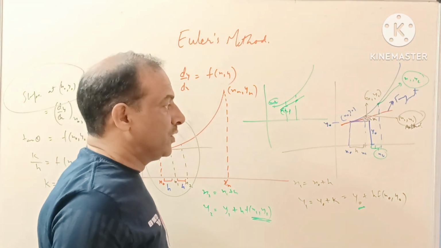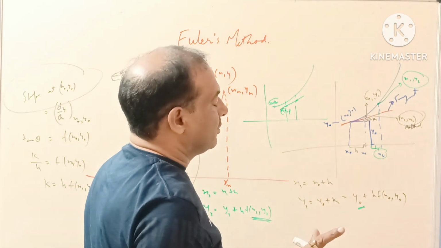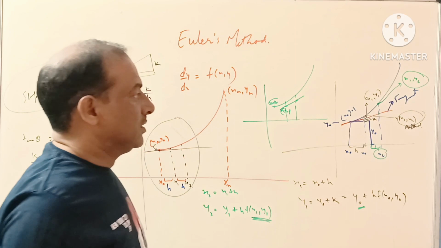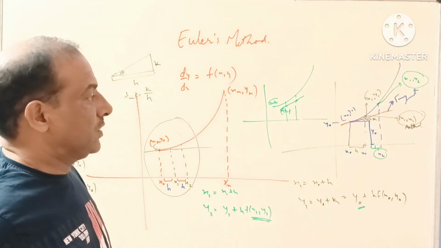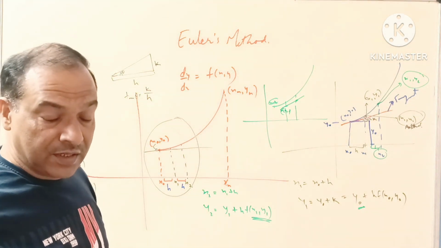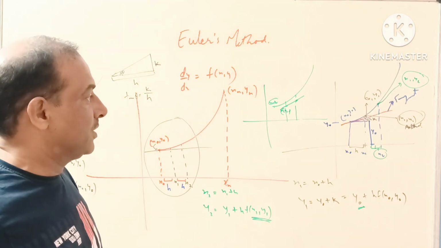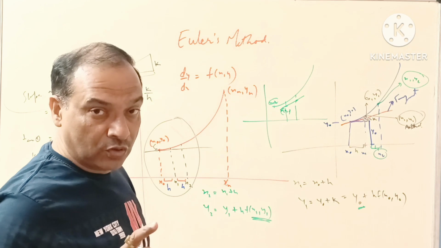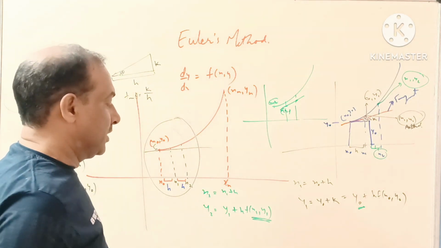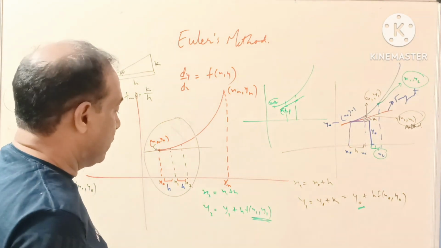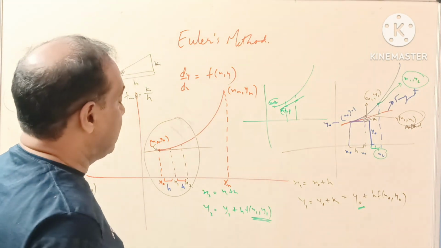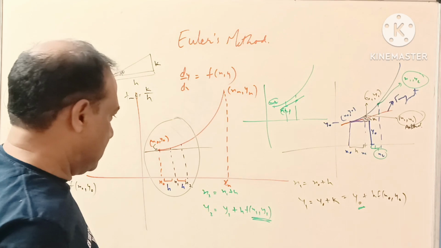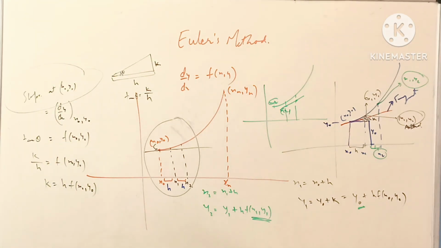Otherwise, if you go with only x0, y0 for all the cases, then the difference between the actual value and the approximate value will be much more. So to avoid all these things, we have to take the value from the preceding point. Okay, fine. Now I can go further.